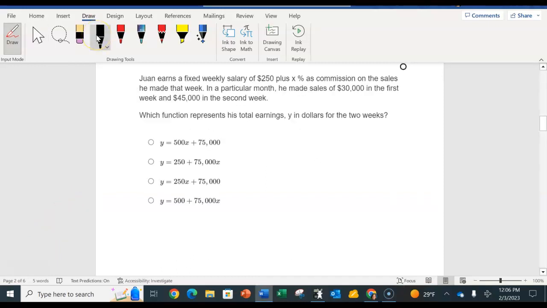All right, the next question says one earns a fixed weekly salary of $250 plus X% as commission on the sales he made that week. In a particular month, he made sales of $30,000 in the first week and $45,000 in the second week. Which function represents his total earnings, Y in dollars, for 2 weeks?